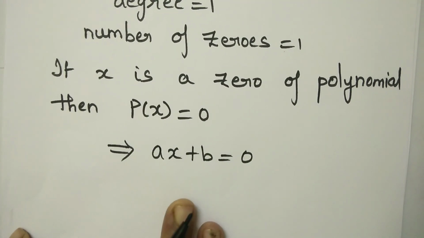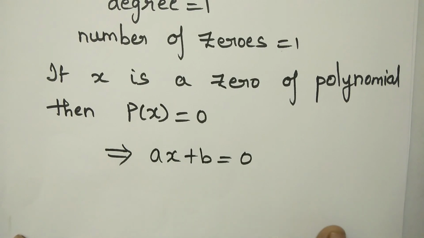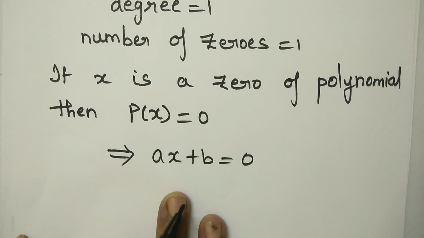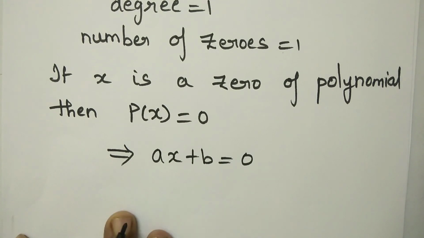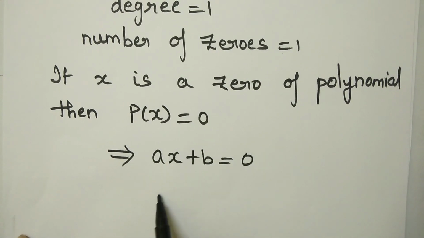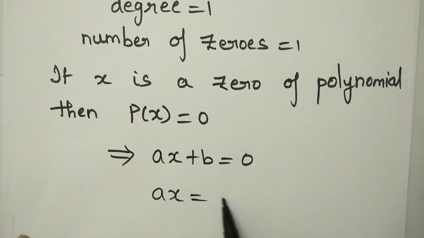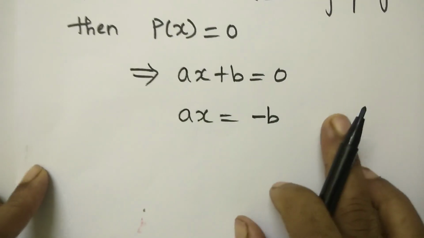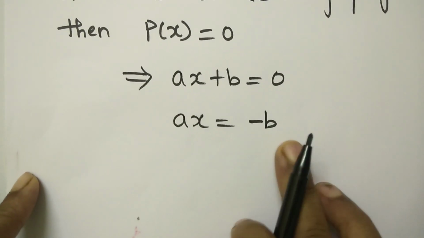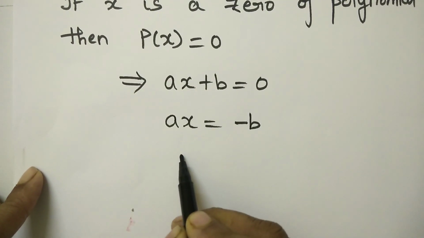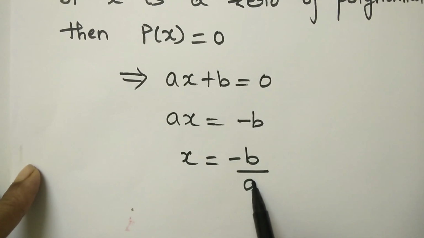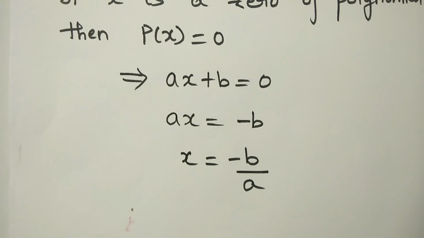Now take constant terms to the right hand side and the terms having coefficient of x to the left hand side. ax is equal to minus b. This plus b on going to the right hand side becomes minus b. Next, x is equal to minus b by a. Okay?